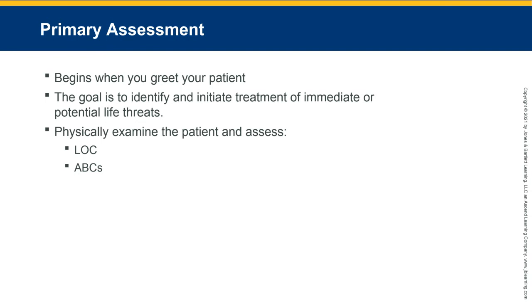The third category is the patient that is unresponsive. Again, this is a patient that won't be able to tell me clearly what's going on. However, if their airway is maintained, they will have adequate chest rise.